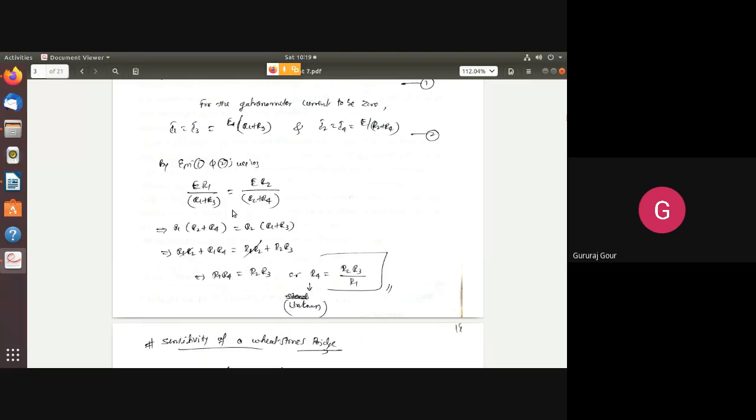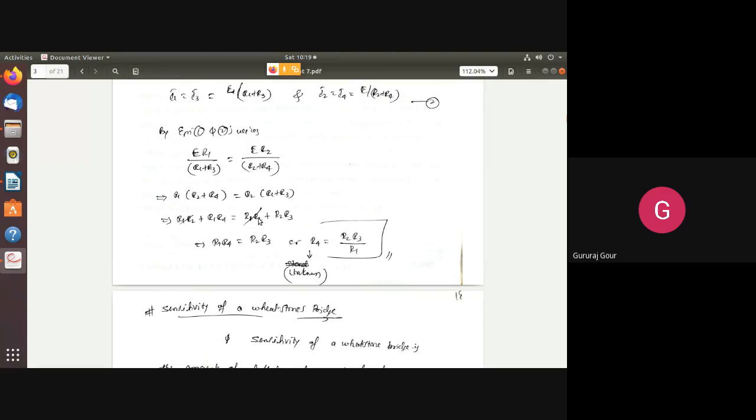Now if you cross multiply, E is cancelled on either side, so only R1 is left here. Cross multiply here R1 into bracket R2 plus R4, and here R2 into bracket R1 plus R3. Similar terms get cancelled. Finally we are getting R4 equal to R2 R3 by R1.